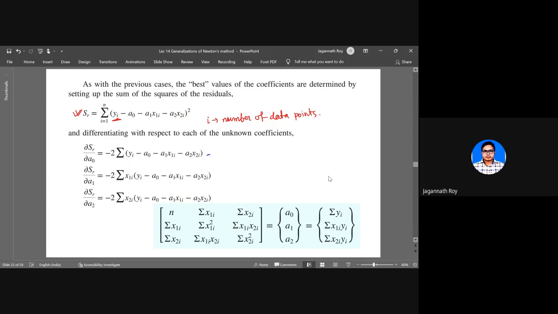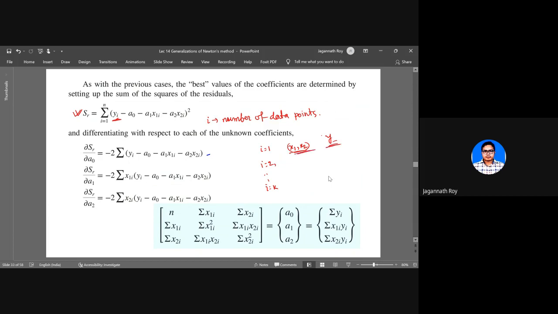So this is basically x1, x2, i equals 1, i equals 2, and i equals some k. x1, x2 will be there, and then corresponding to the k values, the corresponding y values will be there.